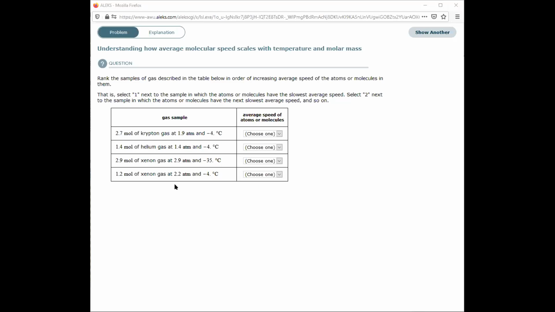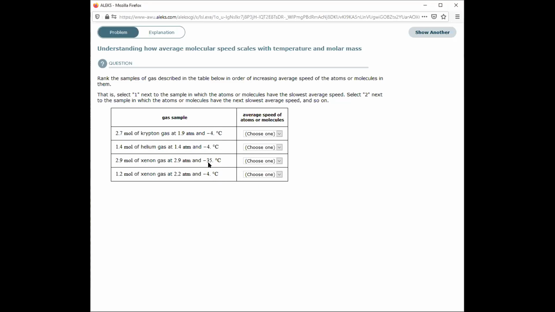Is pressure in the equation for speed? No. So the only thing that matters is what the gas is, because that tells us how heavy it is, and the temperature, right? So this one is at the lowest temperature. These others are all at -4 degrees. This one's at -35.